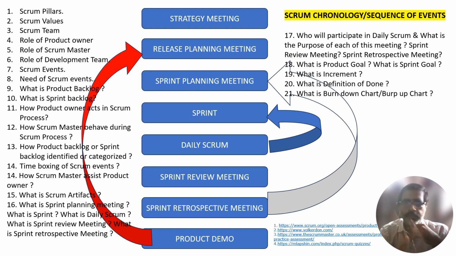Sprint planning initiates the sprint by laying out the work to be performed for the sprint. This resulting plan is created by the collaborative work of the entire Scrum team. The product owner ensures that attendees are prepared to discuss the most important product backlog items and how they map to the product goal.